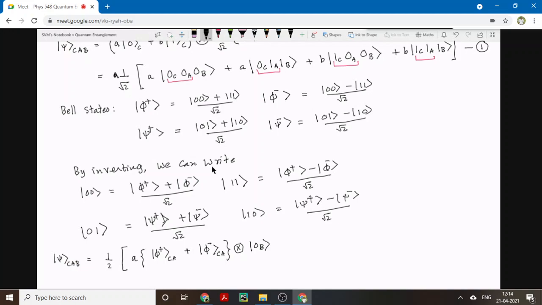So what I have written here is for this term. Like that I have to write for all the other 4 terms. Next one is 01. 01 is psi plus CA plus psi minus CA into 1B.